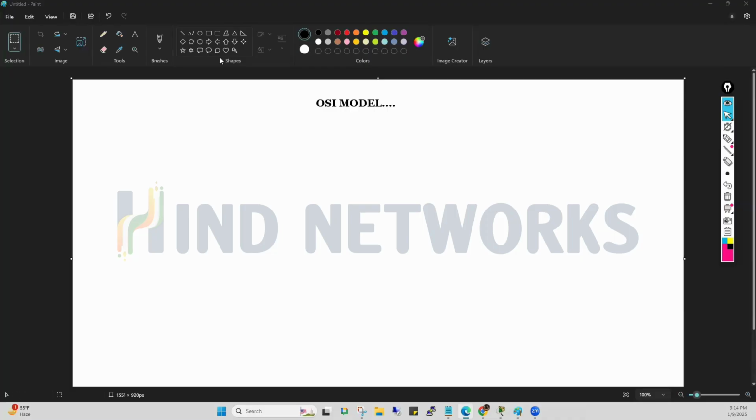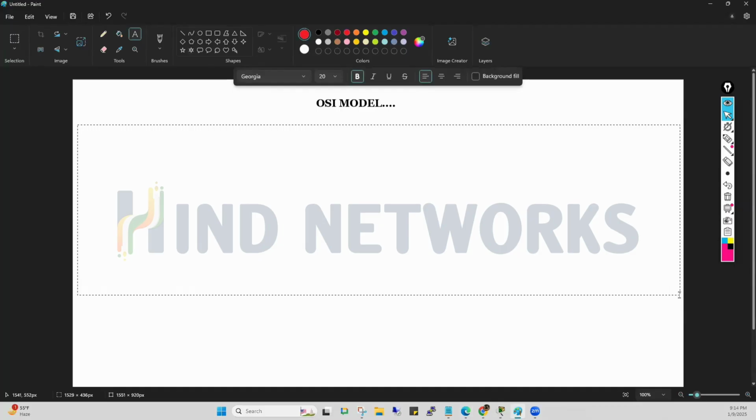Okay. So, guys, the topic of the day is the OSI model. Before I start the OSI model, first of all, we need to understand the introduction of the OSI model and why we need any type of model. Definitely, there were some challenges. That's the reason nowadays we are using the OSI model, right?